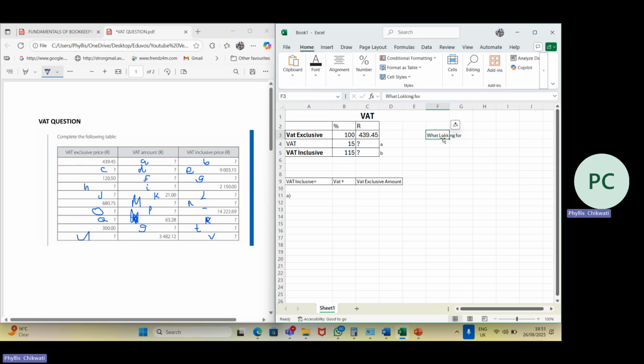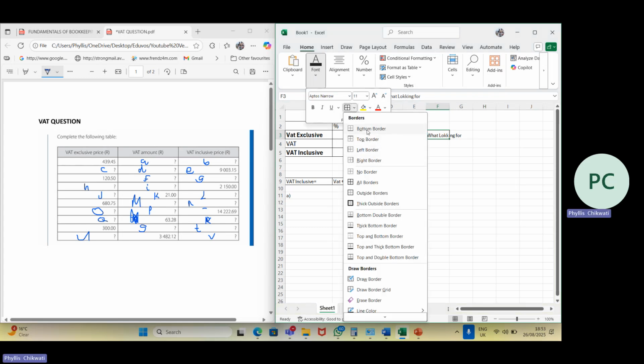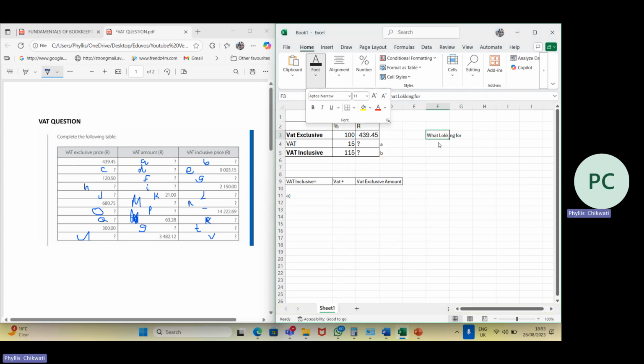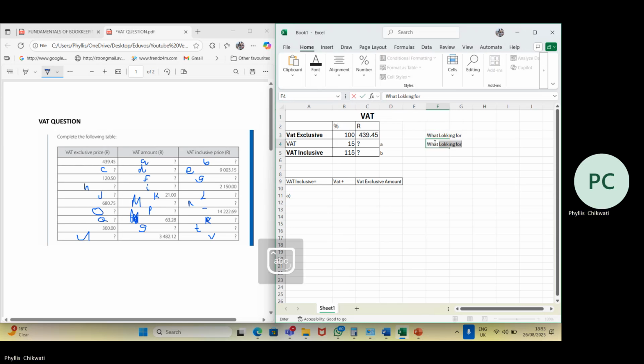Let me just use the order as the division. So I'm going to divide by what we already have, and then we multiply by the amount provided.